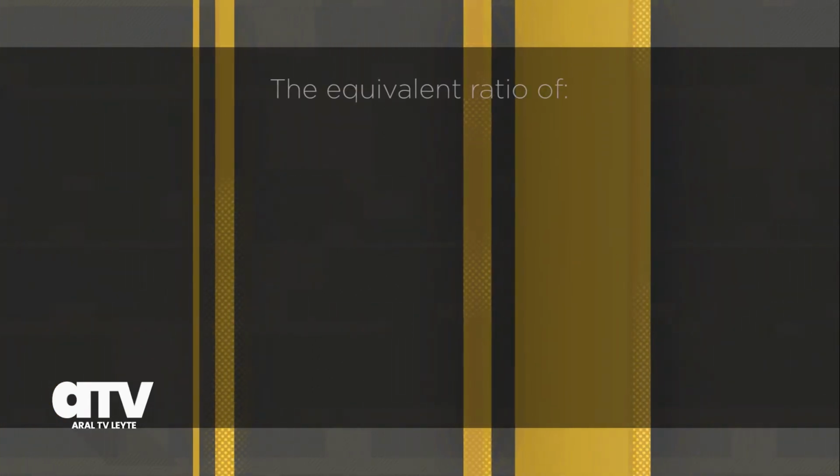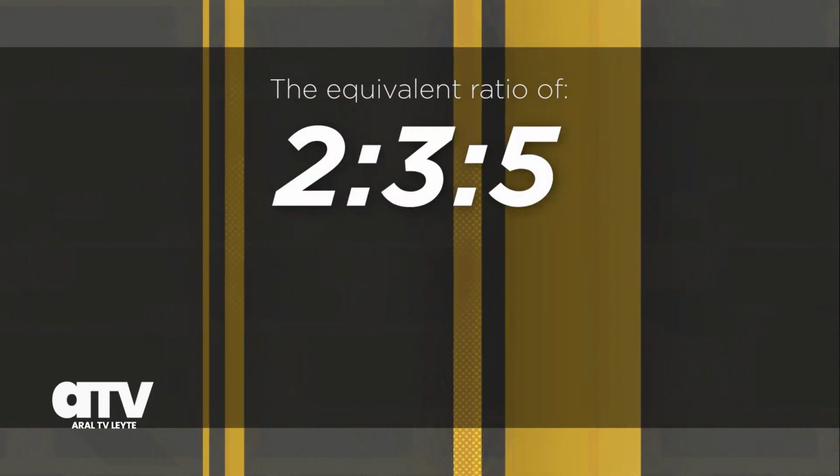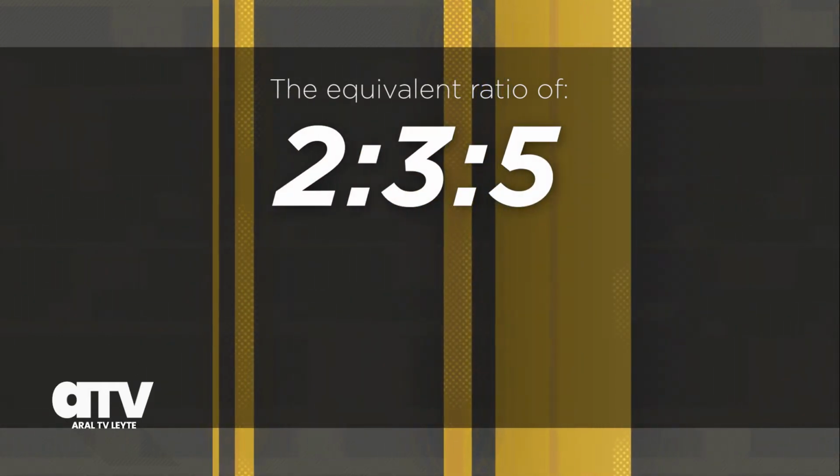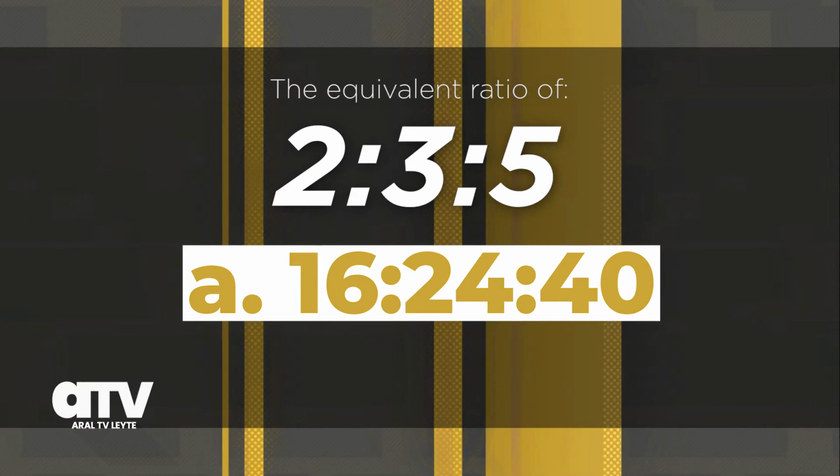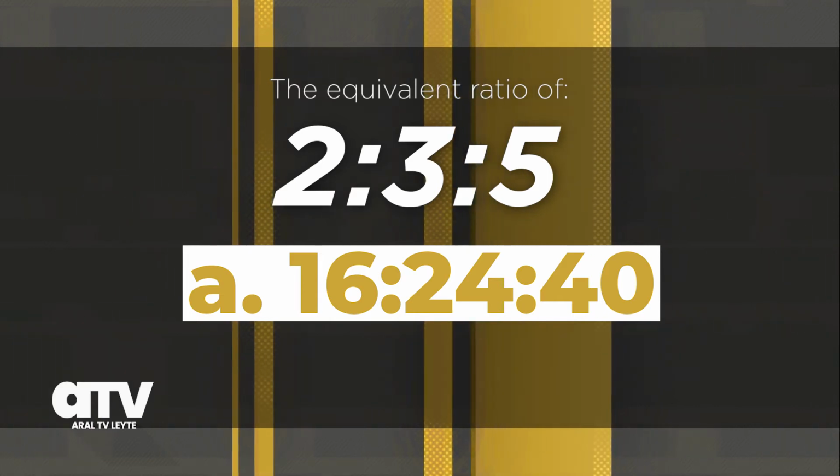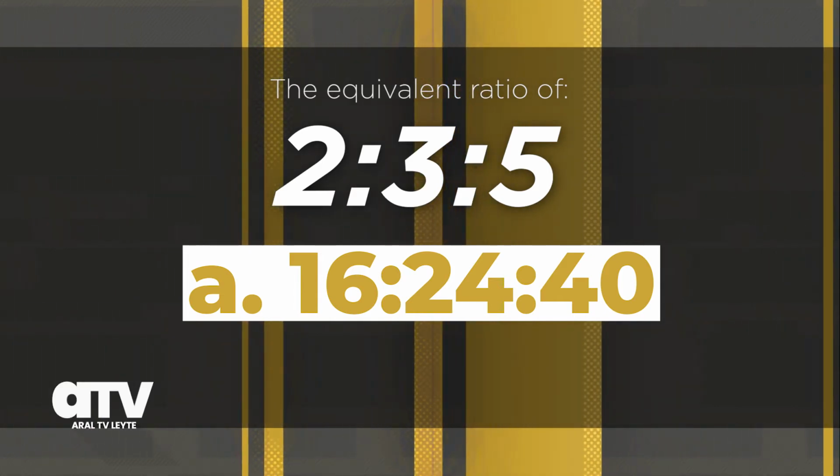So, the equivalent ratio of 2 is to 3 is to 5 is letter A. 16 is to 24 is to 40.